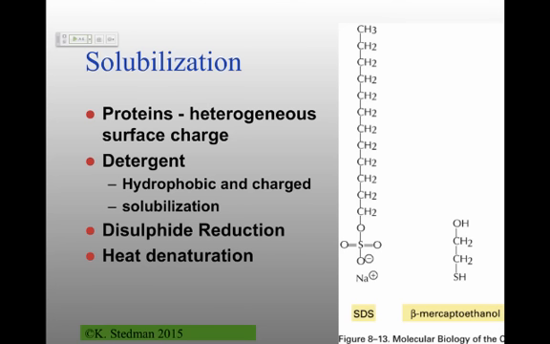Well, the way to do that is to treat them with detergent, which will denature your protein. Now, here's a particular detergent, and this is one of the most favorite ones, sodium dodecyl sulfate. A typical detergent has part which is highly hydrophobic, part which is hydrophilic. You mix this together with your protein as long as you've heated it up.